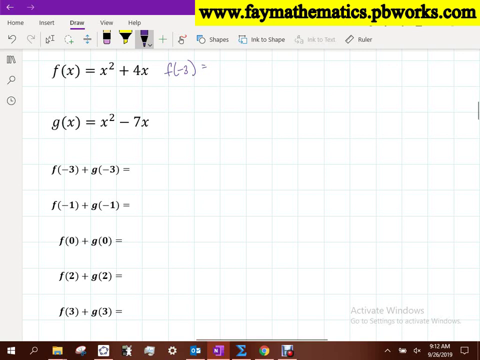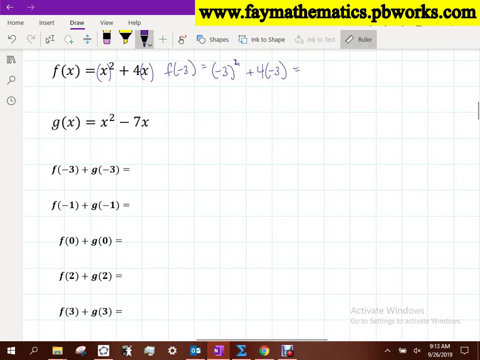So we have to make sure that when we substitute, every time I do this, I remind myself that I'm substituting the x. So when I do that, I'm going to use parentheses to help with that. If I do that every single time, I will never mess up the order of operations as I start to evaluate that expression.